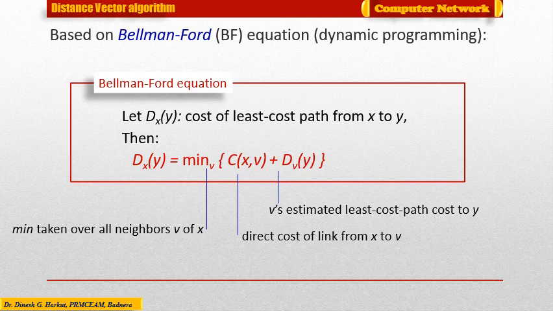Since we must begin by traveling to some neighbor v, the least cost from x to y is the minimum of c(x,v) plus d(v,y) taken over all neighbors v.